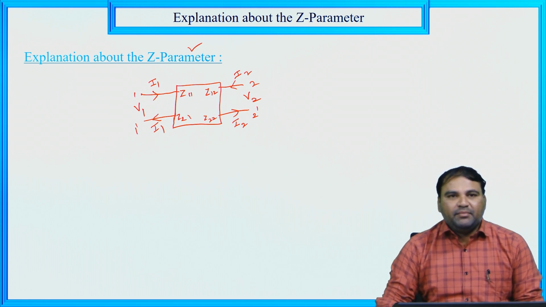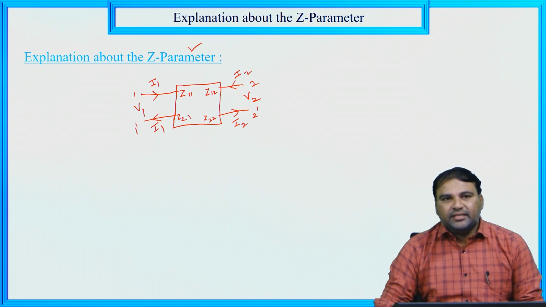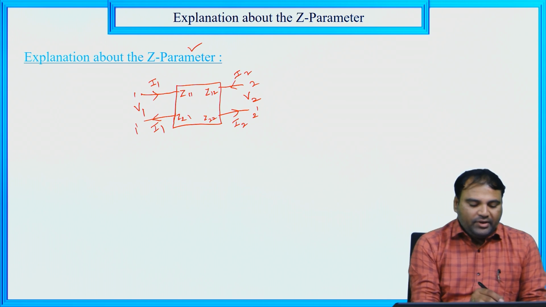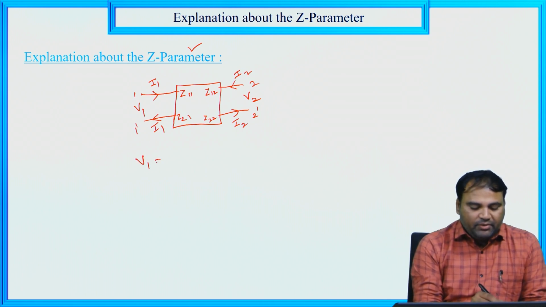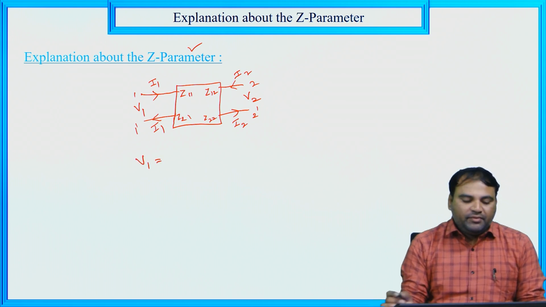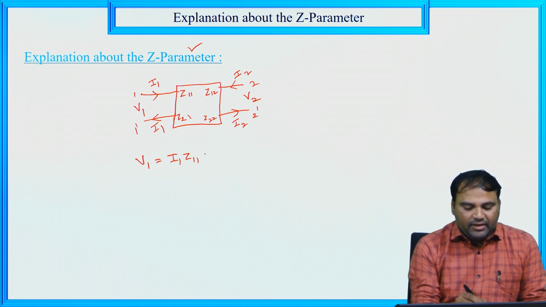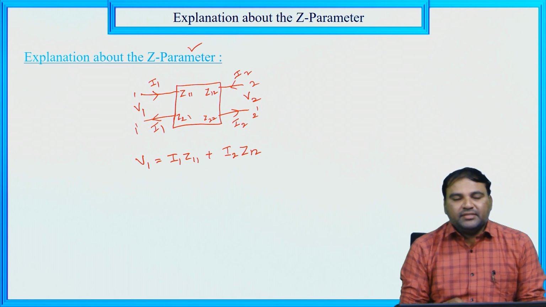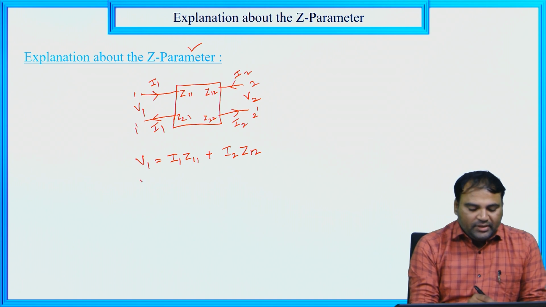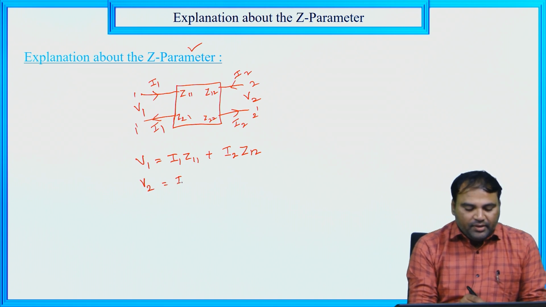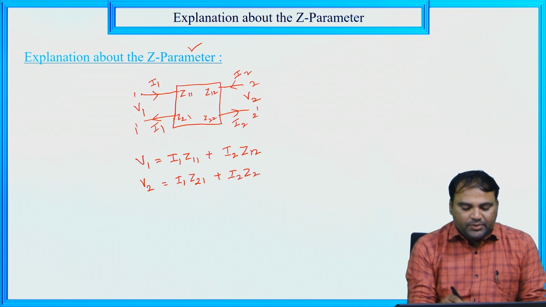For this Z parameter, we have to write the equations for the input voltage and output voltage. The input voltage is V1 and the output voltage is V2. How can we write the input voltage? V1 is equal to I1 Z11 plus I2 Z12. That is the input voltage equation. Similarly, the output voltage equation is V2 equal to I1 Z21 plus I2 Z22.